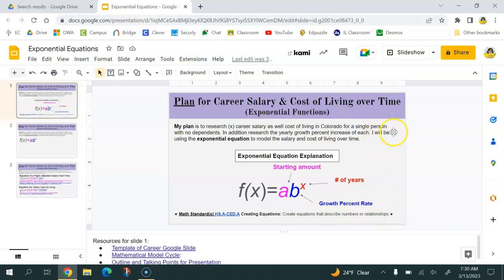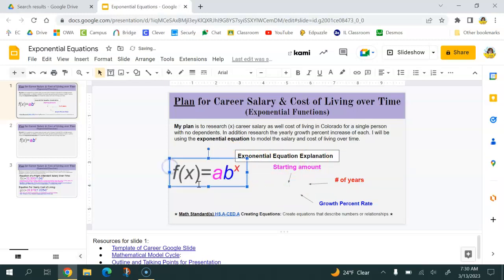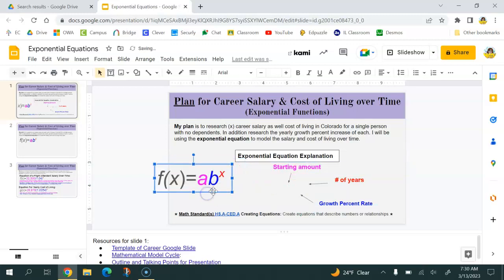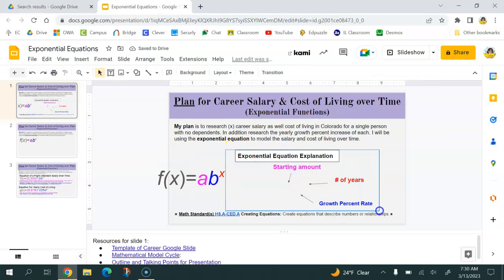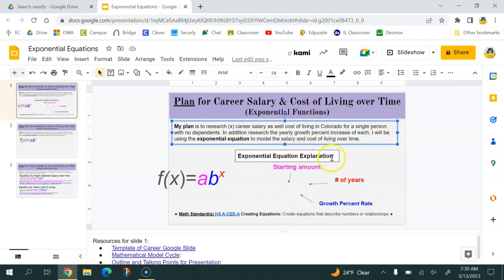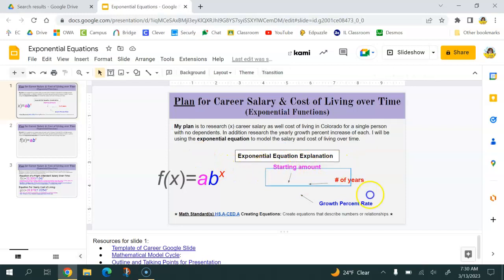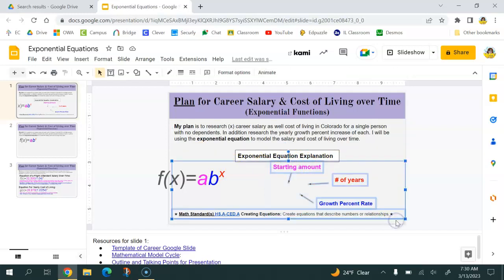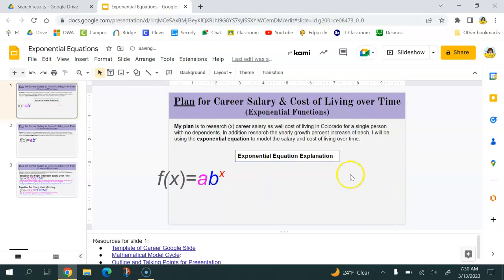So you can get rid of all of the other extraneous pieces that you don't need. Leave this text box up here. What I would do is click on the formula and move that out of the way so you don't accidentally erase it, and then just go through and start deleting all of the rest of those things.